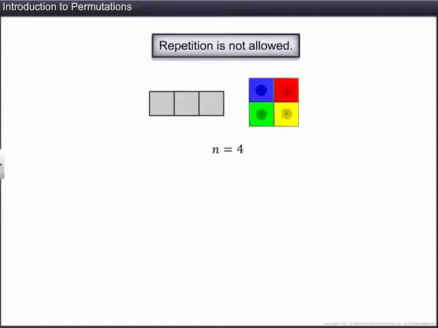This implies n equals 4. There are 3 places in the frame. This implies that we take 3 tiles at a time to fill the frame. Therefore, r is equal to 3. Therefore, the number of arrangements can be done in 4p3 ways. This result is similar to the one we saw earlier.